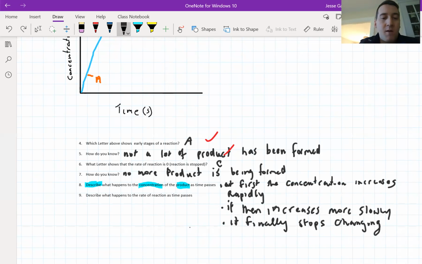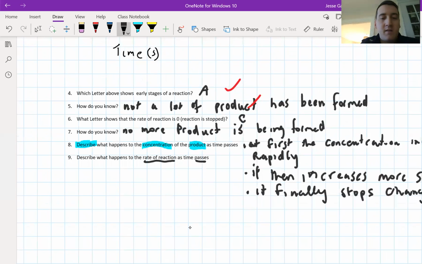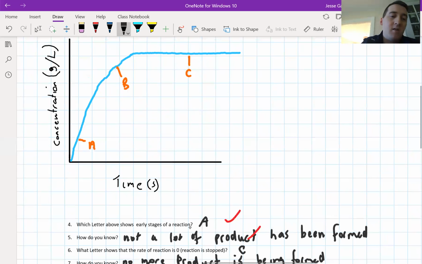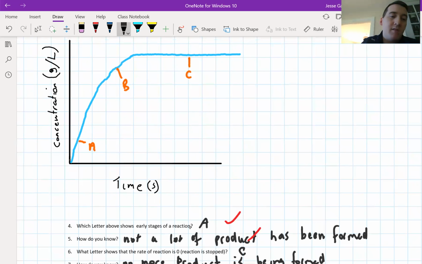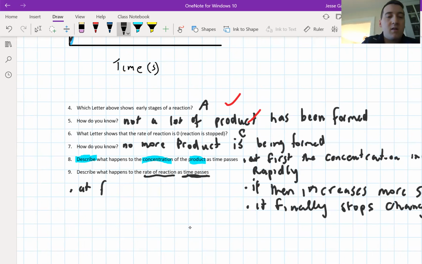Right, last one. Describe what happens to the rate of reaction as time passes. The rate of the reaction in the beginning, this rate here, is very fast. It is then slower, and then it stops. So at first, the rate is very fast.